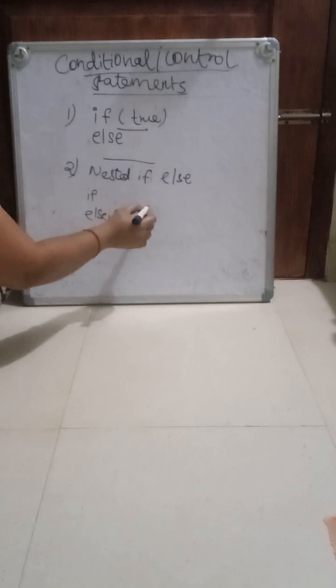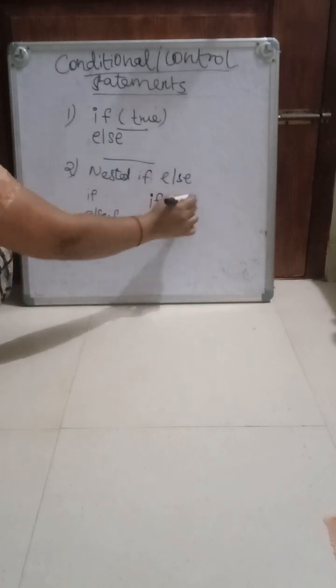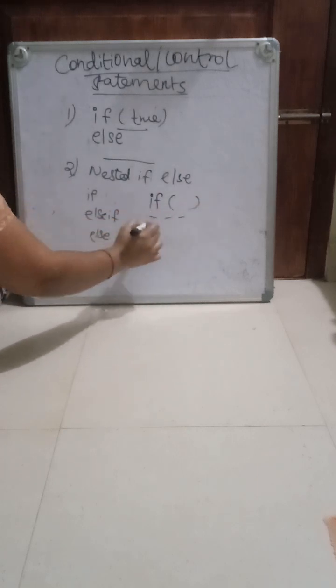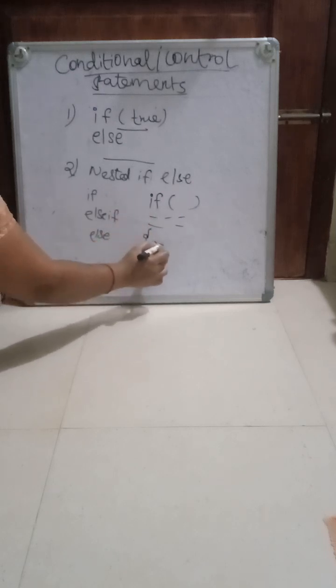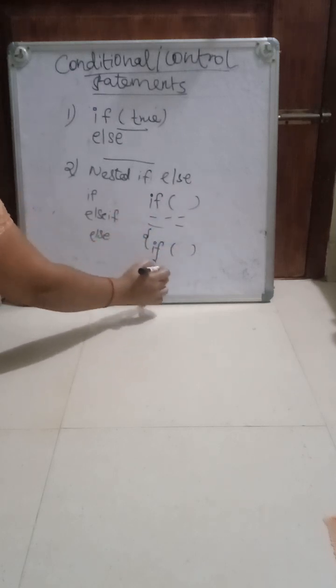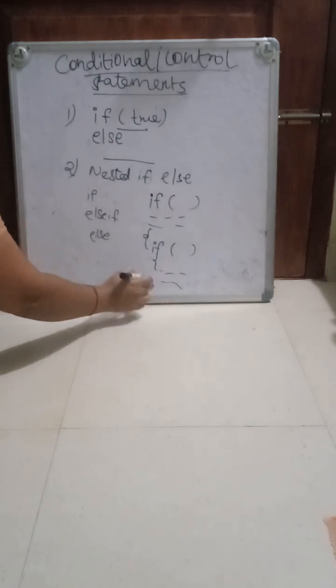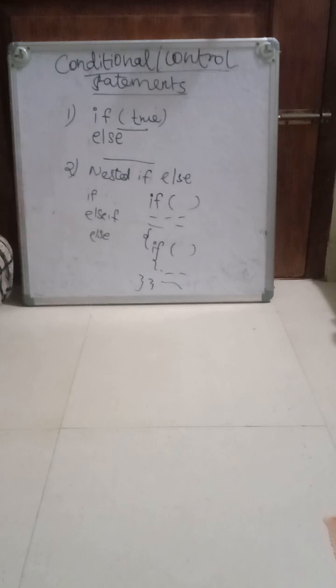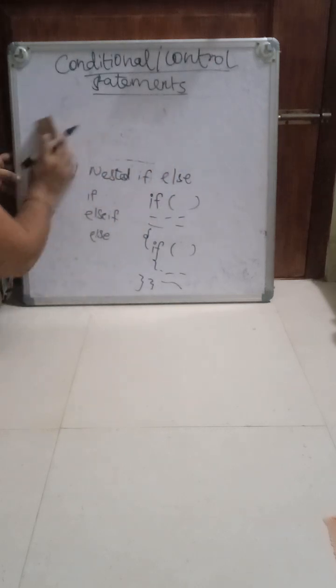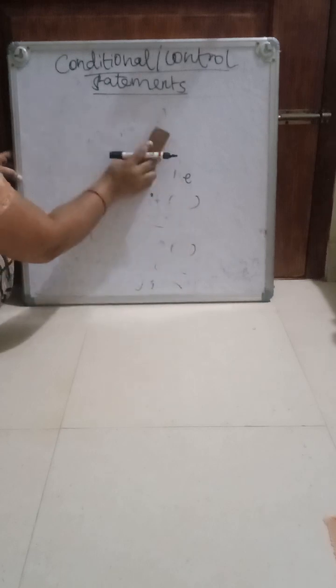We can also have an if with a certain condition, and inside that some statement is given, and again inside we give another if statement. All of these come under the nested if else statement. So the first one is if else, and the second one is nested if else.